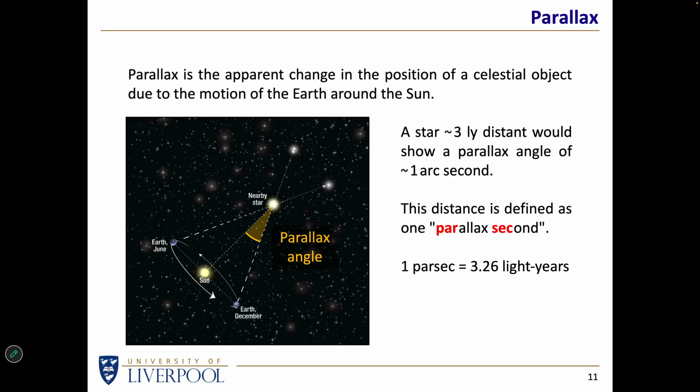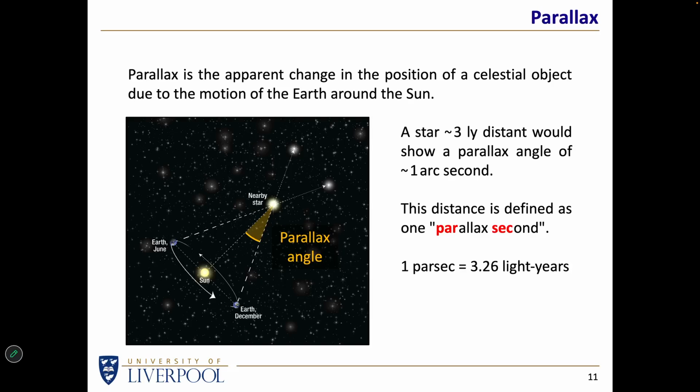And if you go to hundreds or thousands of light years, then the parallax angles we're talking about are tiny, milli-arc seconds rather than arc seconds. We might be used to the idea that an arc second means really good seeing. If we look through an amateur telescope and we see detail at the level of an arc second, we're doing really well.